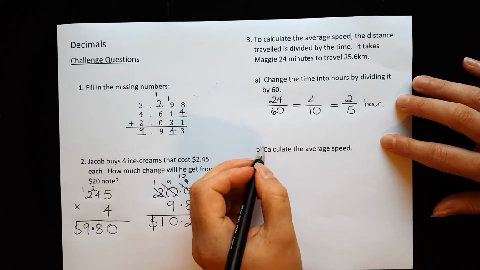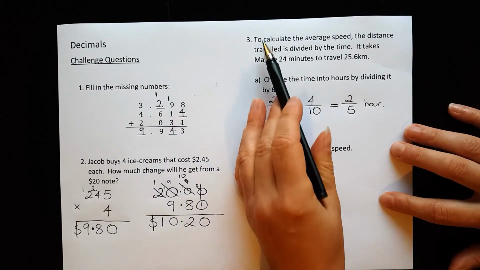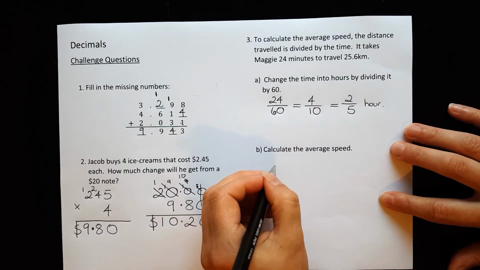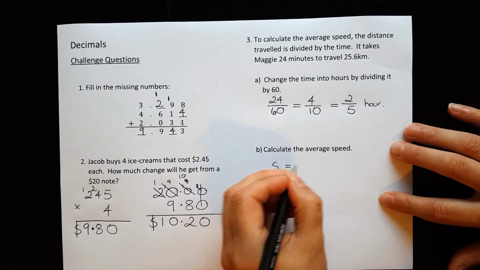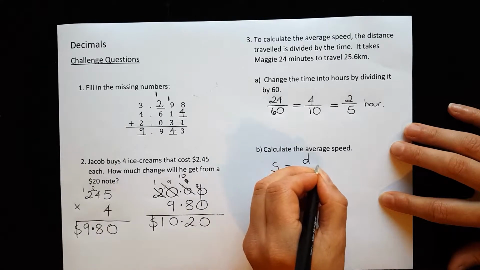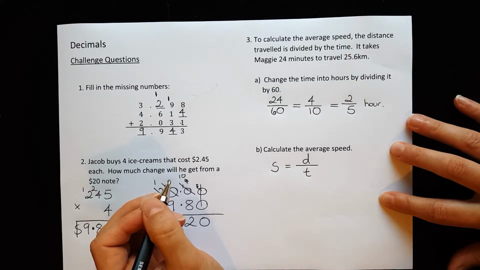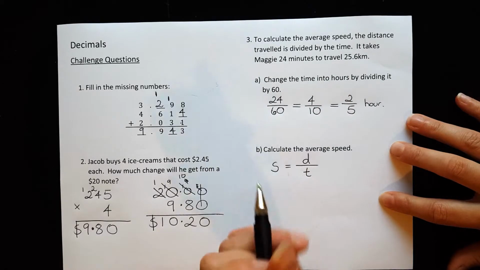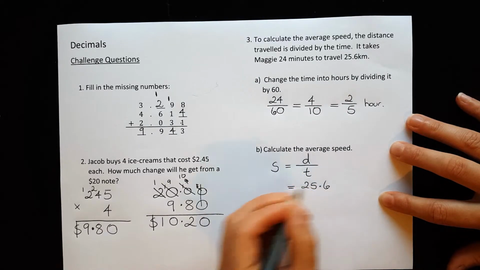Let's have a look at B. Calculate the average speed. Now it told us in the question here that the average speed can be calculated by finding the distance traveled, so D for distance, divided by the time. Now, the distance that we traveled is a decimal. It's 25.6.